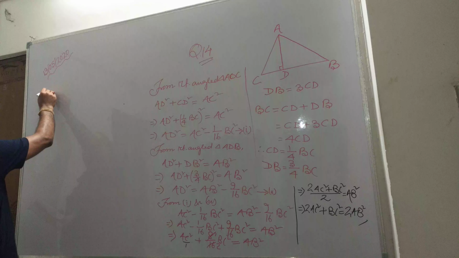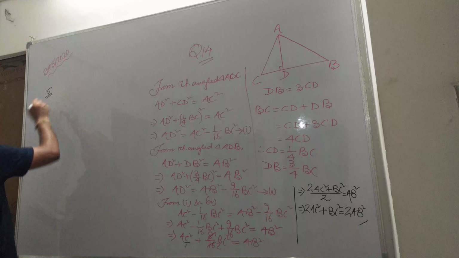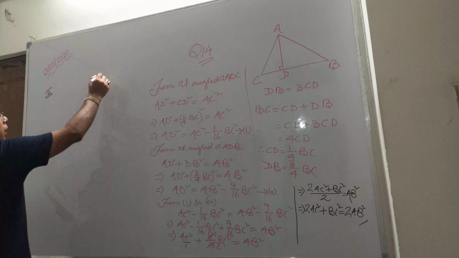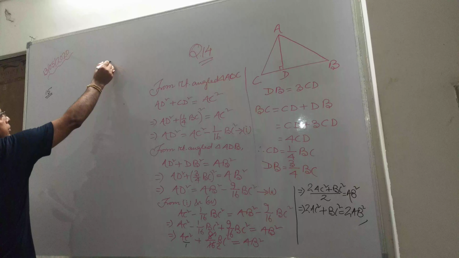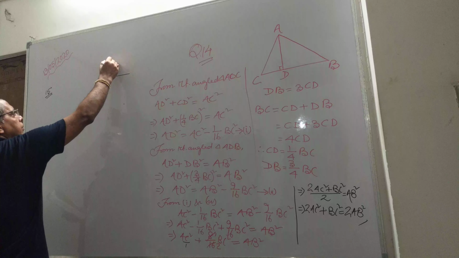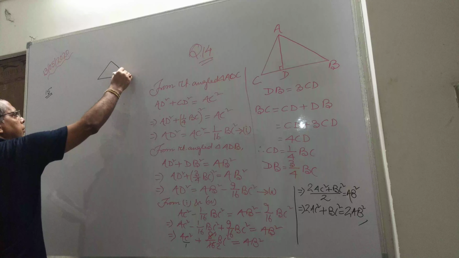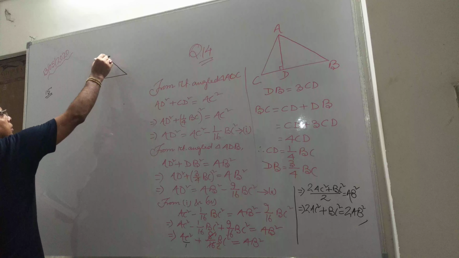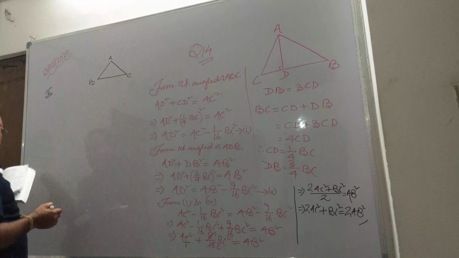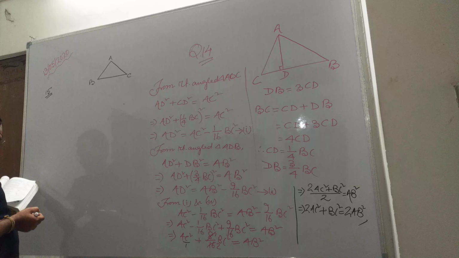Now 15, what happened? ABC is an equilateral triangle. A, B, C. ABC is an equilateral triangle. Okay?